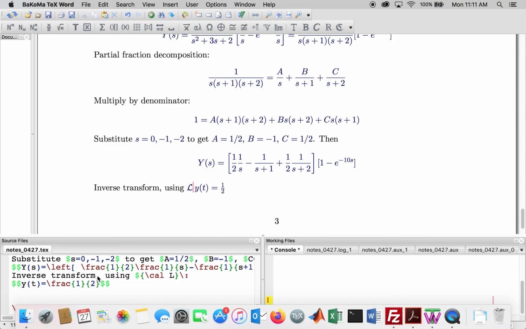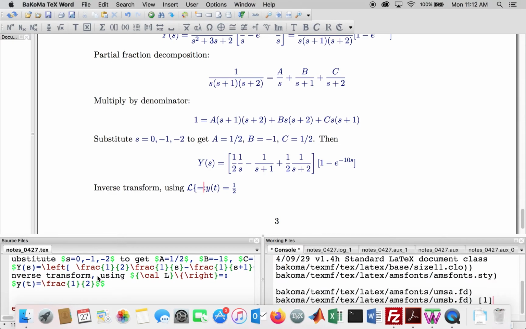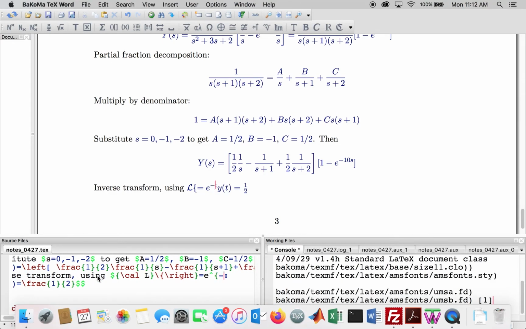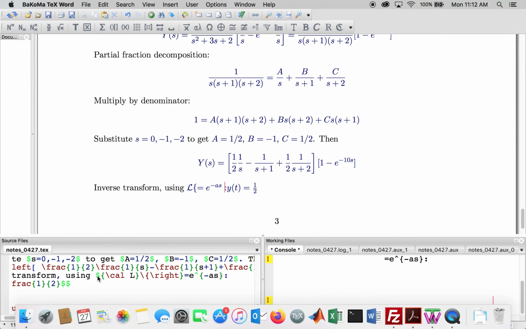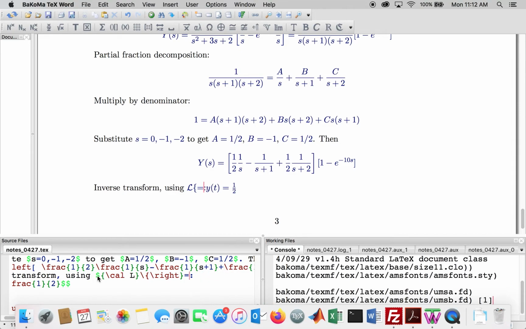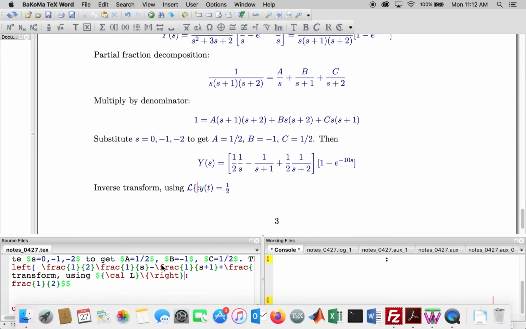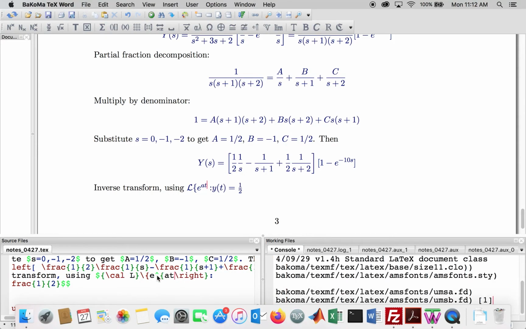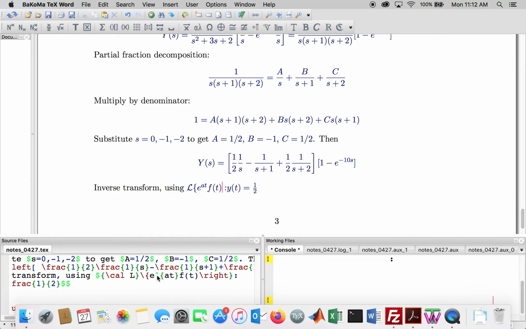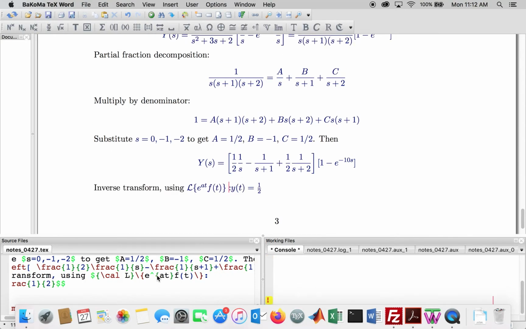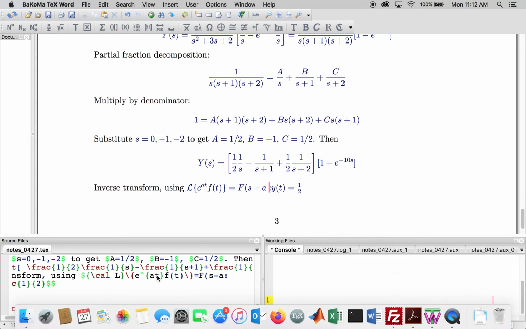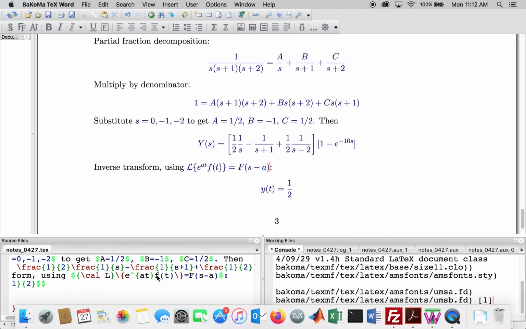The Laplace transform of e to the at t times f of t is F of s minus a. All right, so this is a rule I'm using.